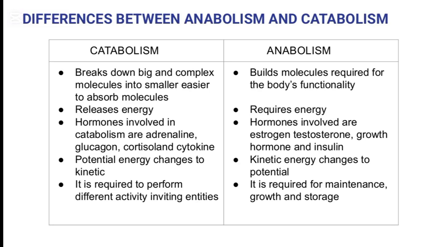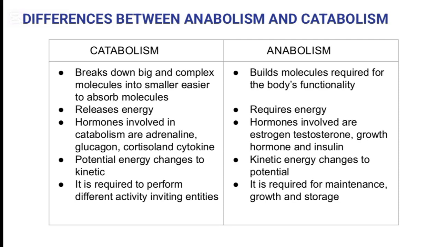It can't just do it out of nowhere. And the hormones involved in catabolism are adrenaline, glucagon, cortisol, and cytokine, while the hormones that are necessary for anabolism are testosterone, growth hormones, and insulin.